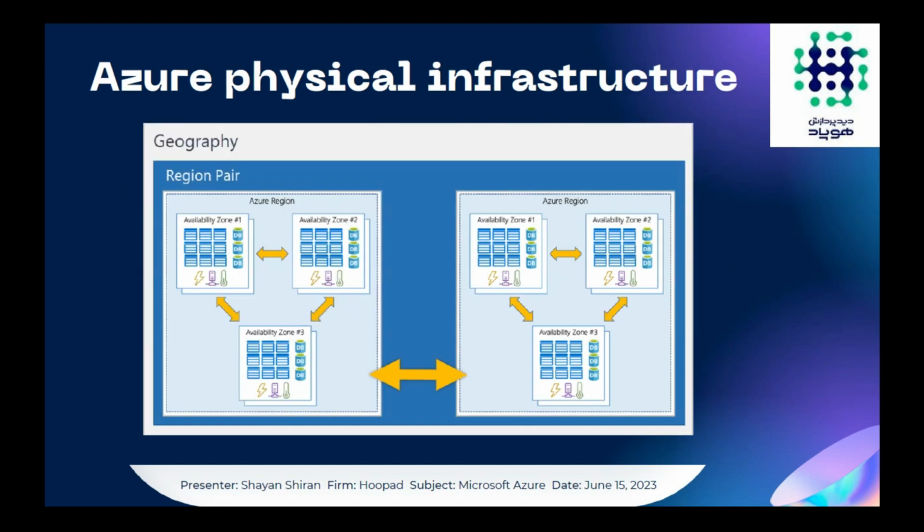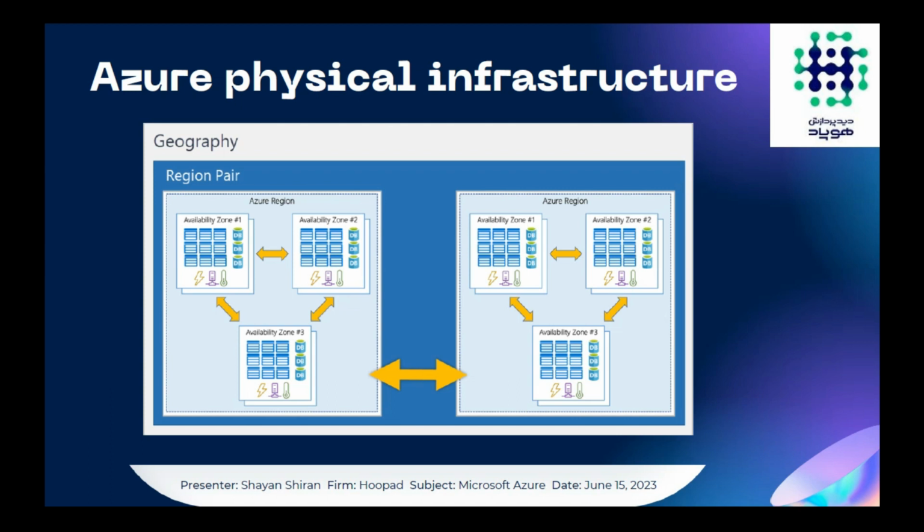Another concept is region pairs. Most Azure regions are paired together with another region in the same geography. For example, Microsoft Azure in West US is paired with US East. The reason for that is it allows us to replicate our information and resources.